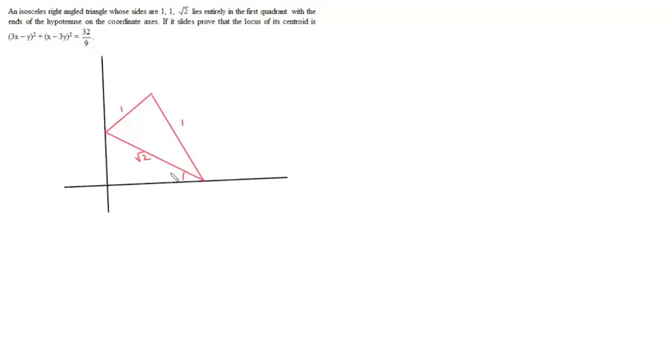Now suppose this angle is theta. So here it will be (root 2 cos theta, 0), and this point will be (0, root 2 sin theta). Now these two angles are 45 degrees and this is 90.